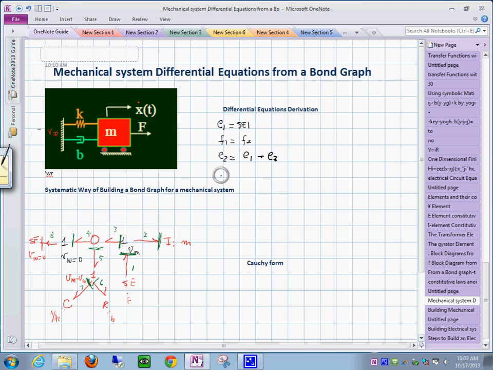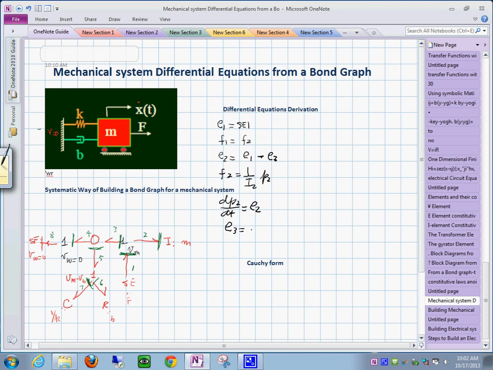Then you have E sub 2, we need F sub 2. F sub 2 is 1 over I sub 2 times P sub 2. And then you have that from this equation in here also, dP sub 2 dt is equal to E sub 2.